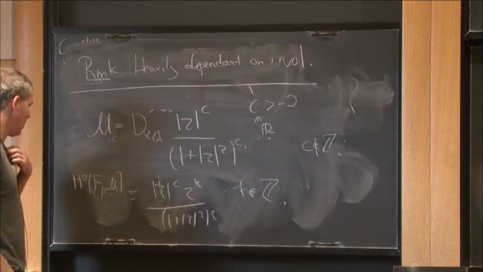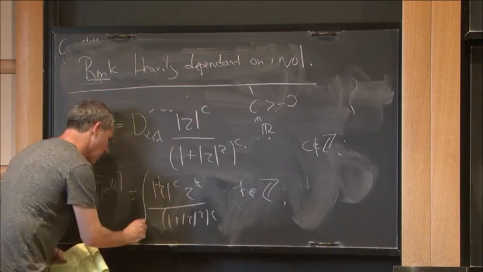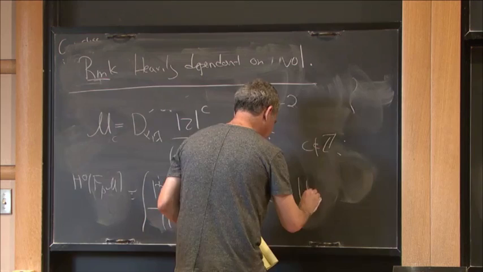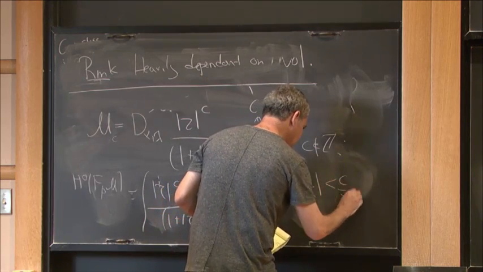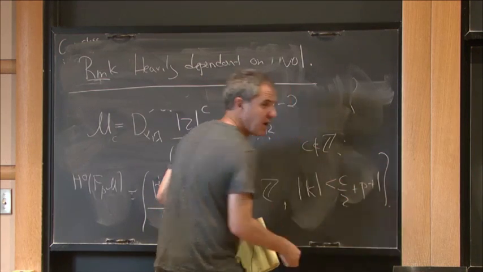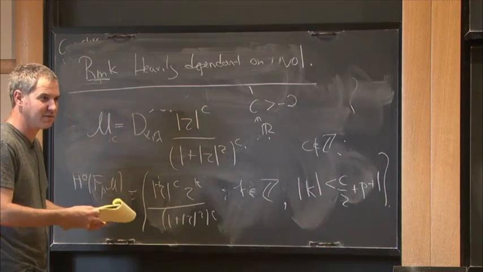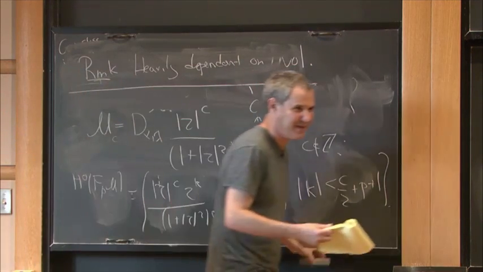The way it works out, the absolute value of k is less than c over 2 plus p plus 1. That's what H^0 of F_p actually is, I promise. You can trust me, I think.